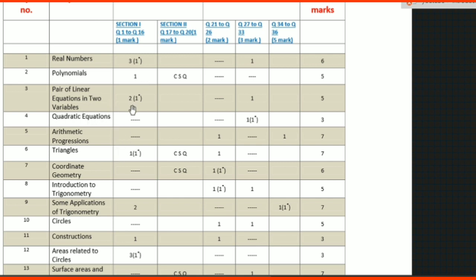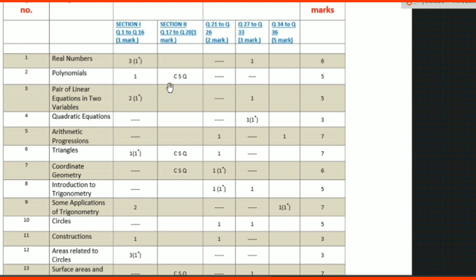Again I repeat, 2 questions are given from this chapter. In that one question has internal choice, right? Yes. So where there are no star marks, like this 2, 2 questions are given, but there is no internal choice, these 2 are compulsory questions.